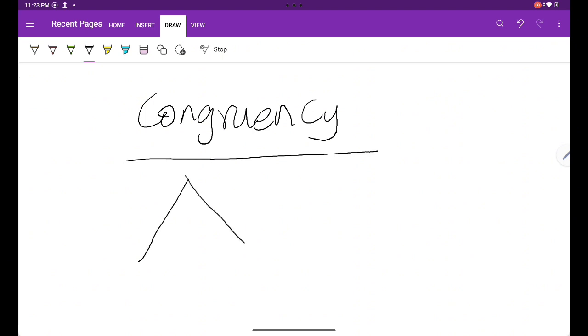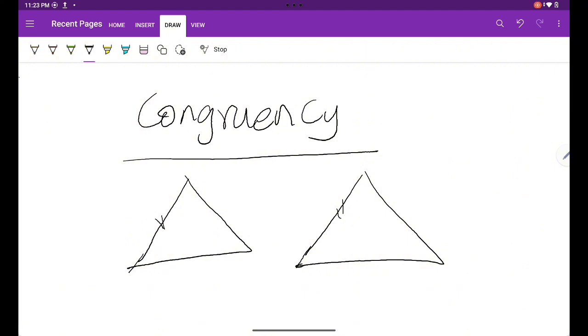So suppose we have two triangles like this. If these two triangles are congruent, it means the corresponding sides are equal. This side equals this side, and this side equals this side, and even the corresponding angles. This angle equals this angle, and this angle equals this angle, and this angle equals this angle.